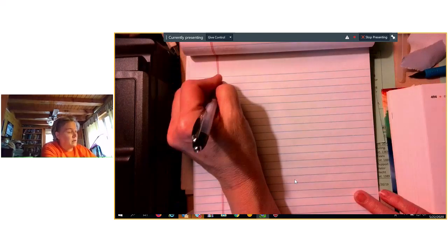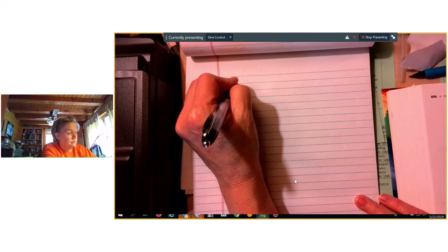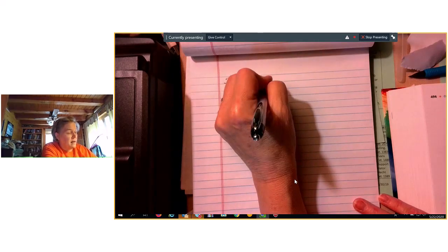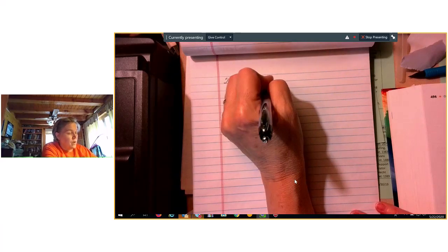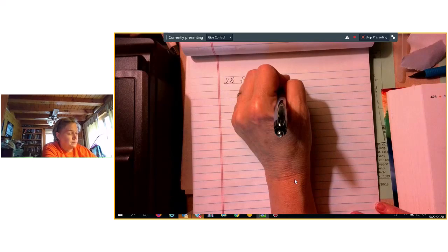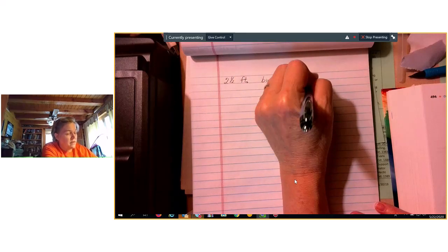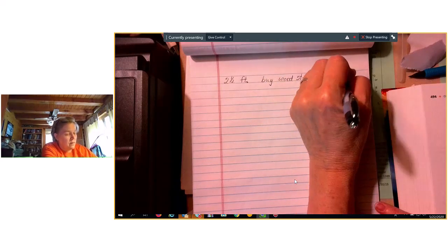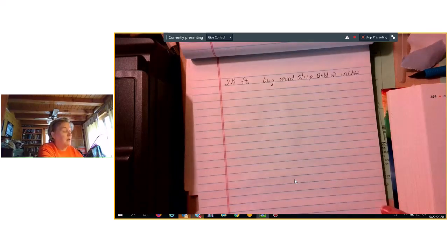Now, just to practice, let's say I have something that is 2.5 feet and I need to buy a wood strip or whatever, and it is sold in inches. Now I know this is a very crazy problem, but these are things you come up with.